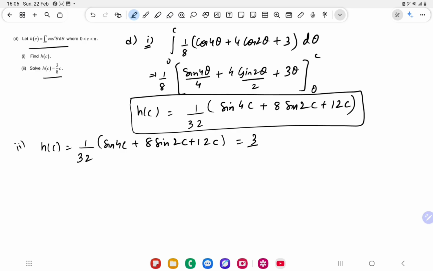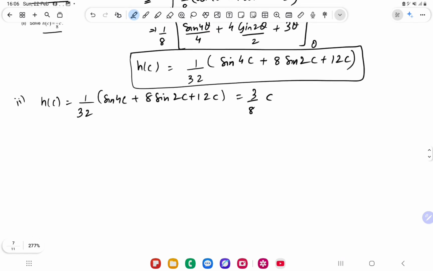So I have to prove it as 3 by 8 c. Since I do not have to prove, I have to solve this. So from here I can write sine 4c plus 8 sine 2c should be equal to 0.